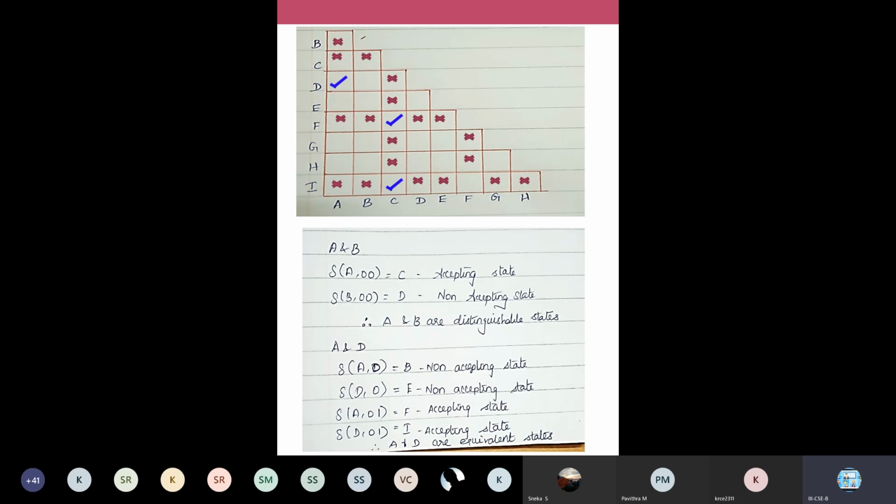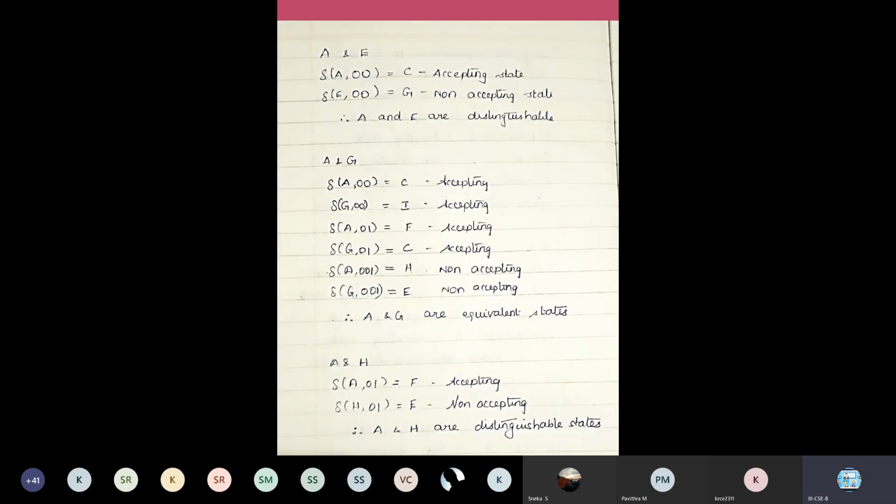In A, giving a 0, you go to non-accepting. In E, on giving 0, you go to accepting. So it differs, and you can say they are distinguishable. With 0, 0 also they differ: on state A it goes to accepting, in E it goes to non-accepting. So they are distinguishable.